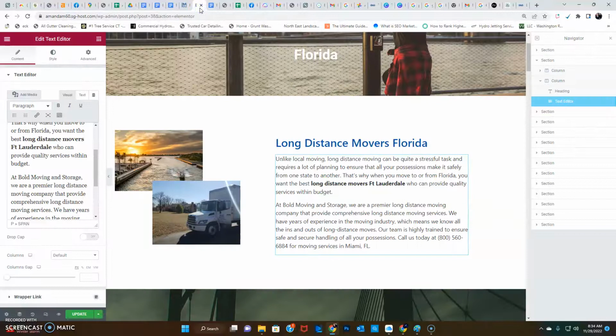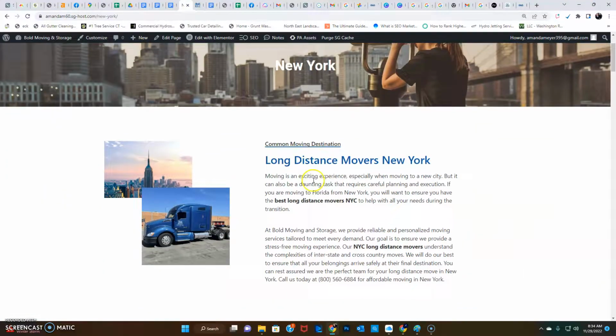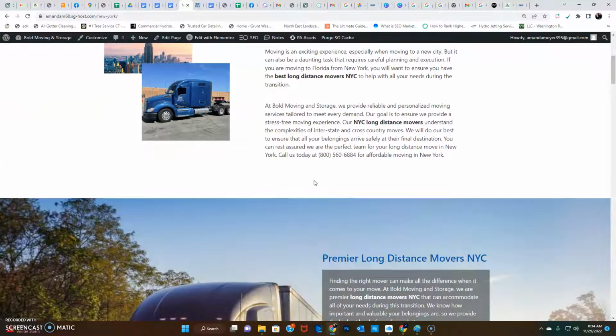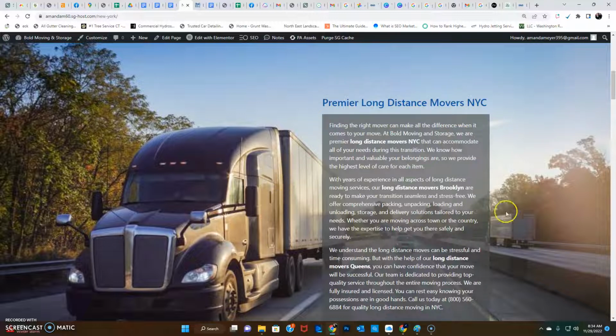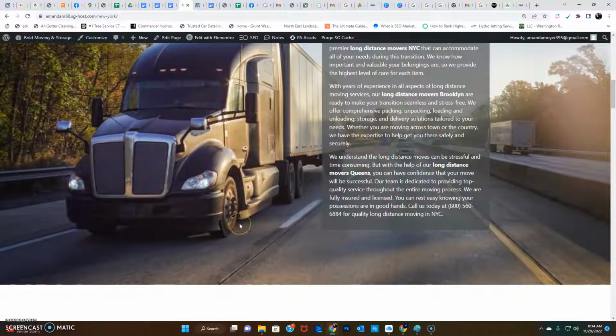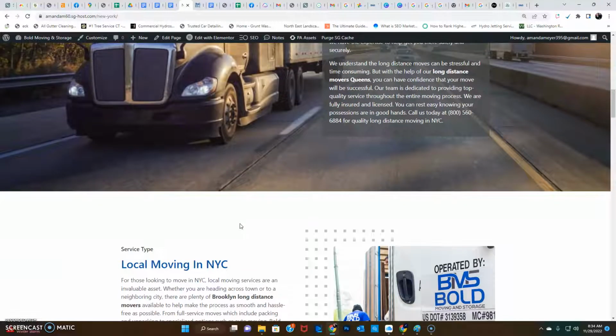So then on the New York page, there was a whole section about this section, right? Well, we don't have that in the Florida page because it's much smaller, so we can just disregard this part.